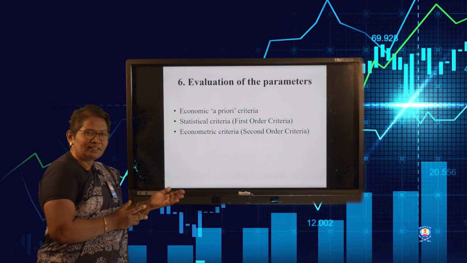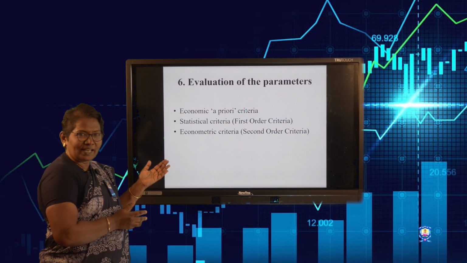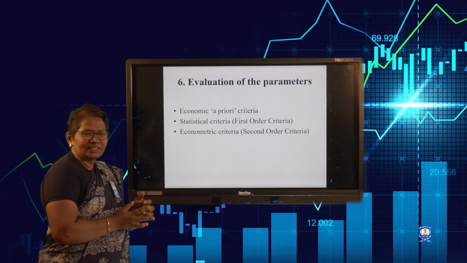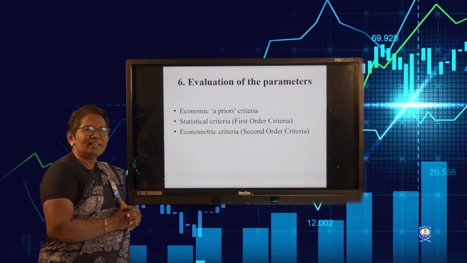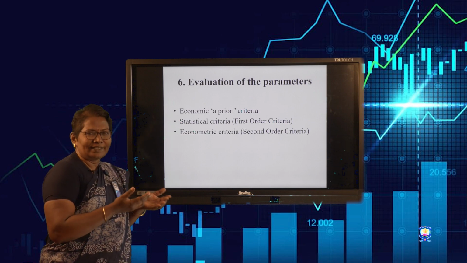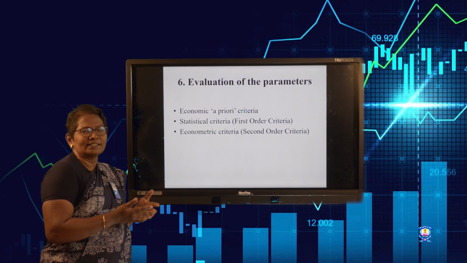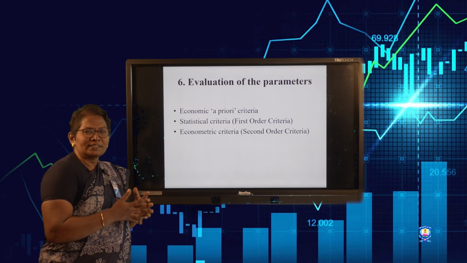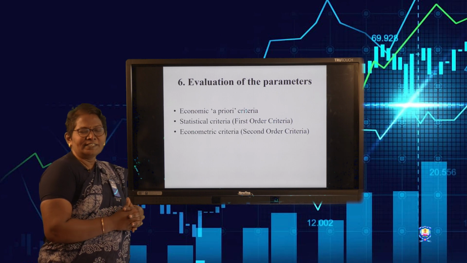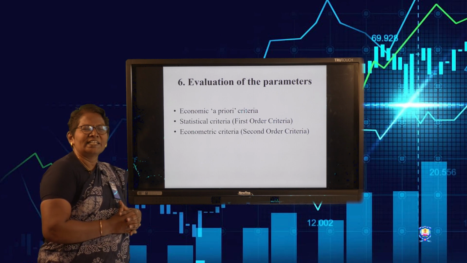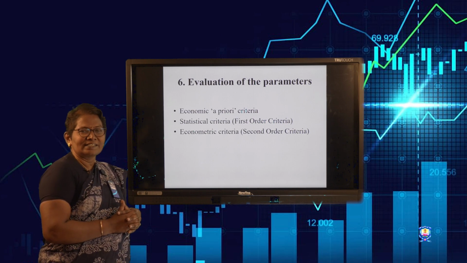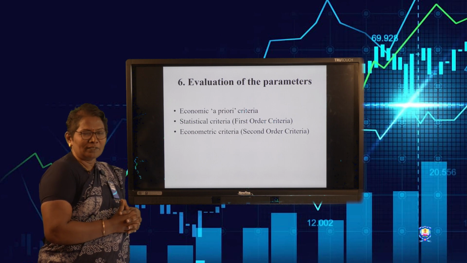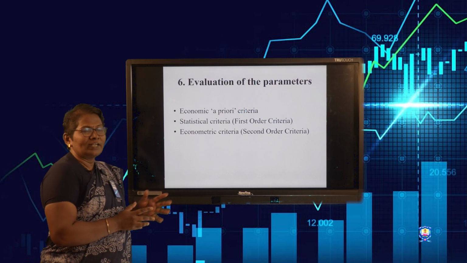Very similar to this, we can use other criteria as well. For example, there is statistical criteria wherein we use several tests to test the statistical significance of the parameters, like the t-test, f-test or analysis of variance test, standard error test and several other tests, which are called first order criteria.